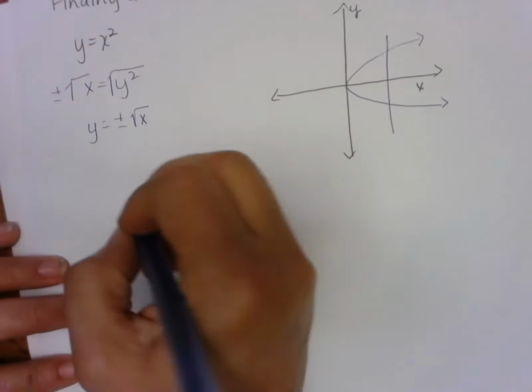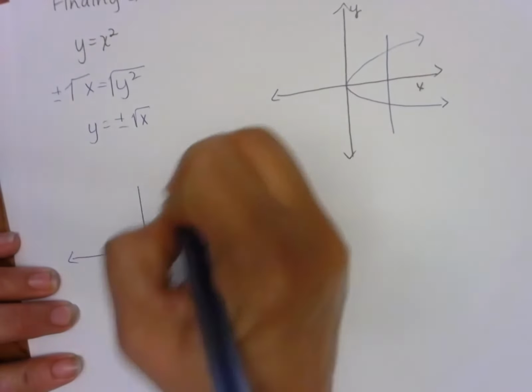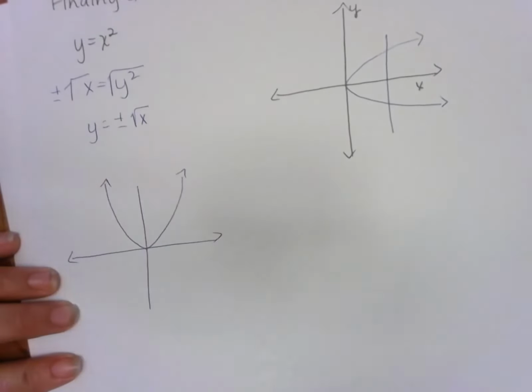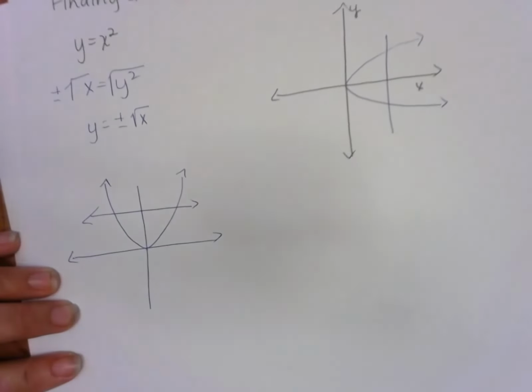than one point. This is what the problem is up here: if I graph y equals x squared, this is a quadratic, and the horizontal line test tells me that my function will not have an inverse function unless it can pass this horizontal line test.